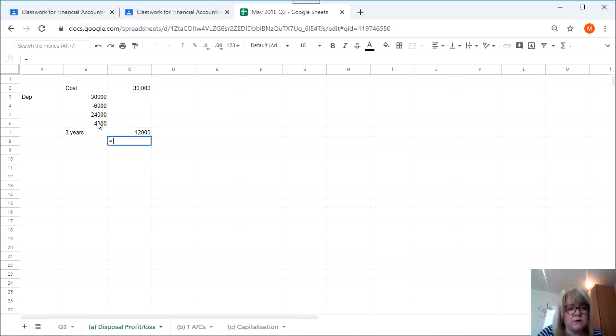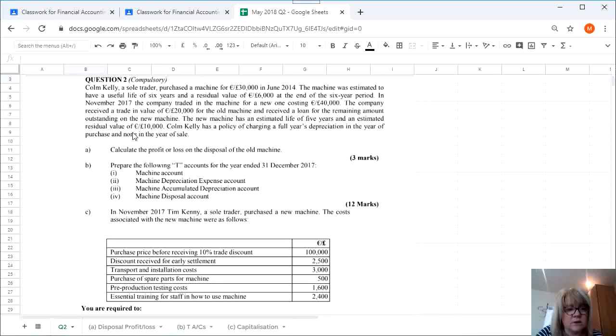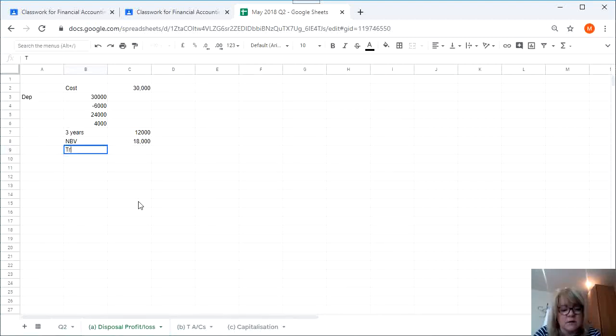So if I take my cost and minus my depreciation, that will give me the net book value at the time of disposal. So it was worth 18,000, and again, just to check your question, we got a trade-in of 20,000, so that's what we got for it on disposal. So there's obviously a profit here.